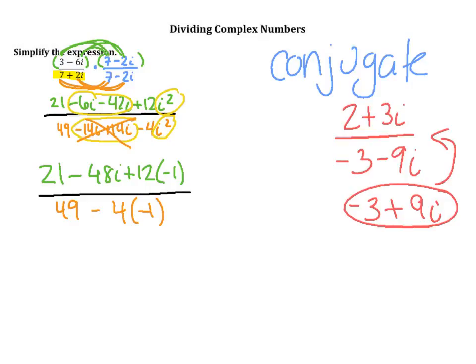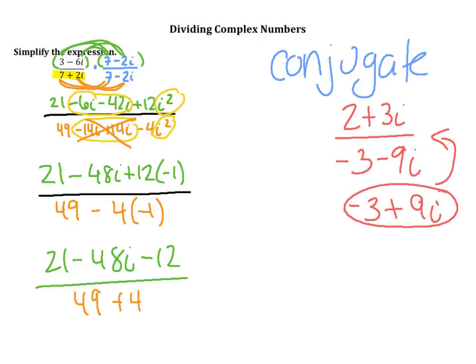Now let's simplify this again. I have 21 minus 48i. 12 times negative 1 is negative 12. Then I have 49. Now negative 4 times negative 1 is a positive 4.